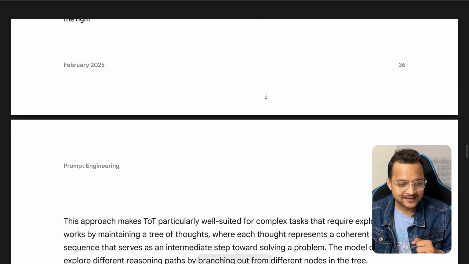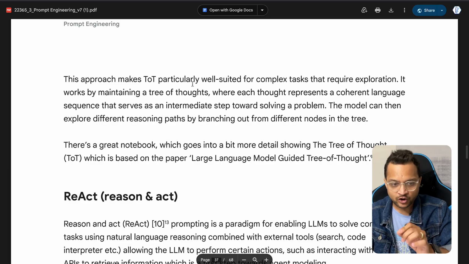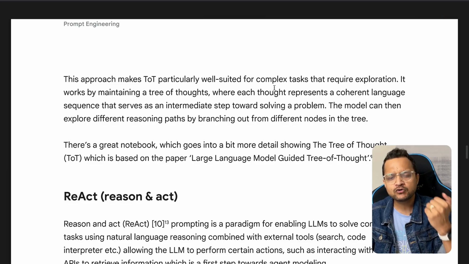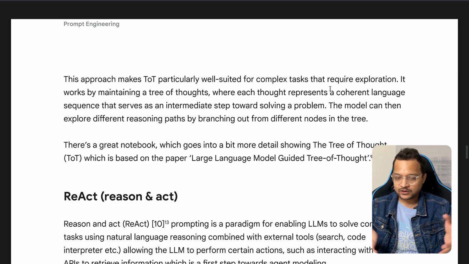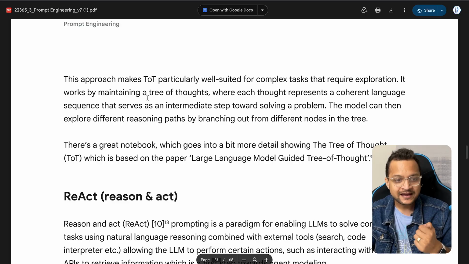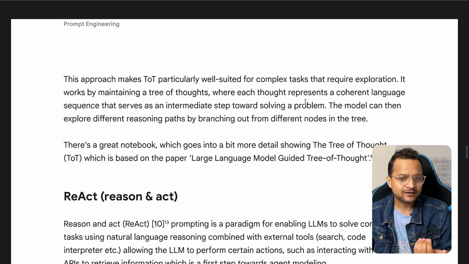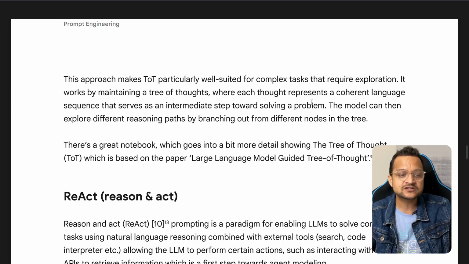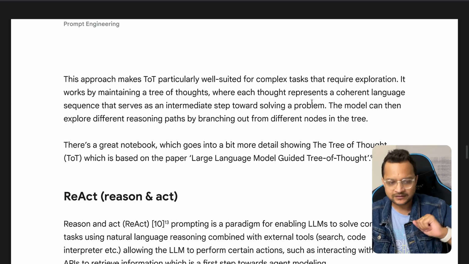So this technique is really mind-blowing because this approach makes tree of thought particularly well suited for complex tasks that require exploration. So if you want to explore different things, then tree of thought is good. It works by maintaining a tree of thoughts where each thought represents a coherent language sequence that serves as an intermediate step towards solving the problem.